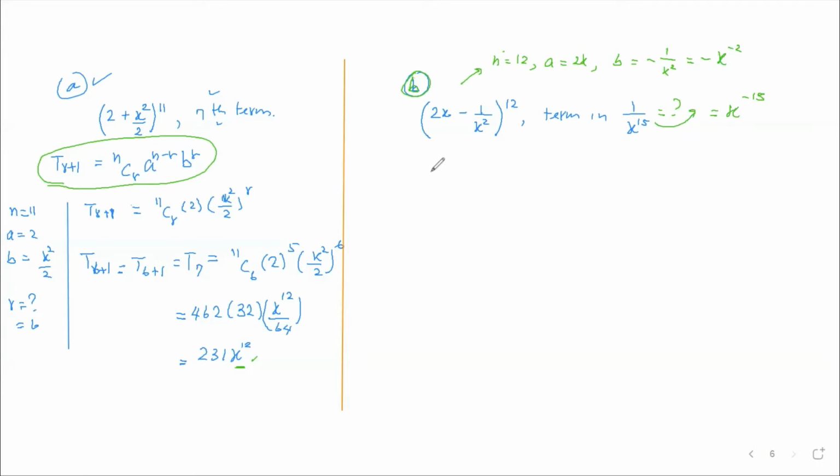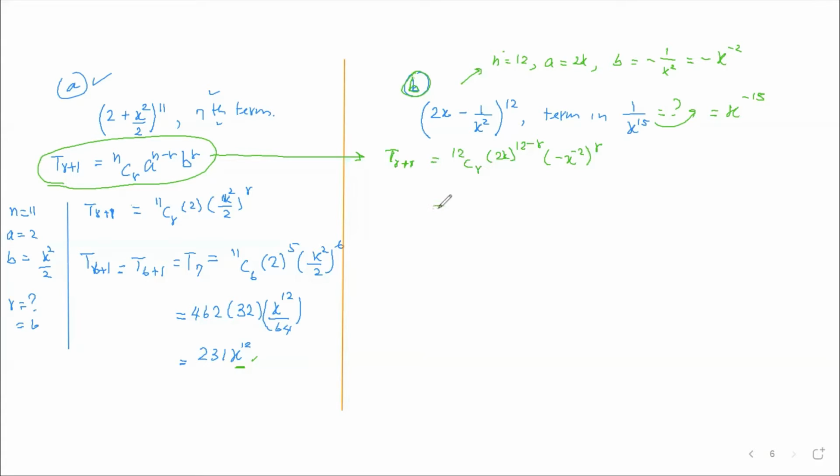Okay, so now we start to use this formula. So T r plus 1, r unknown again, equal to n is 12, nCr, r unknown. a is 2x, 12 minus r, times b, which I will write down as minus x power negative 2, power r, and r is unknown.